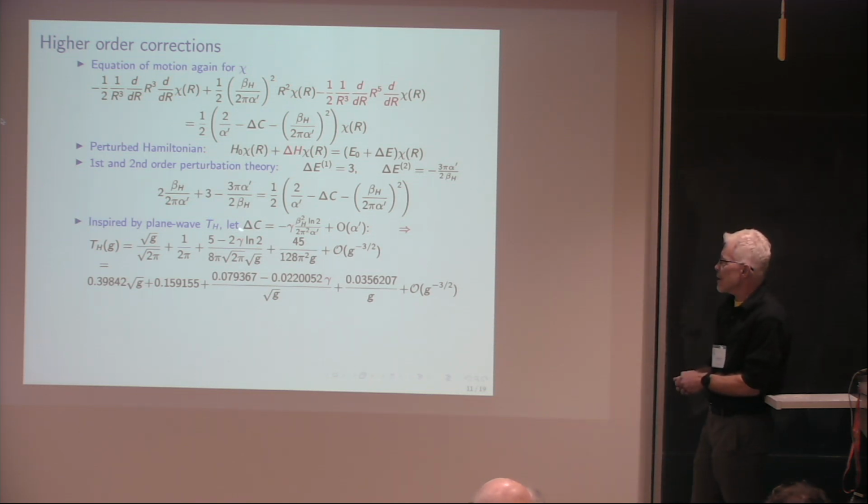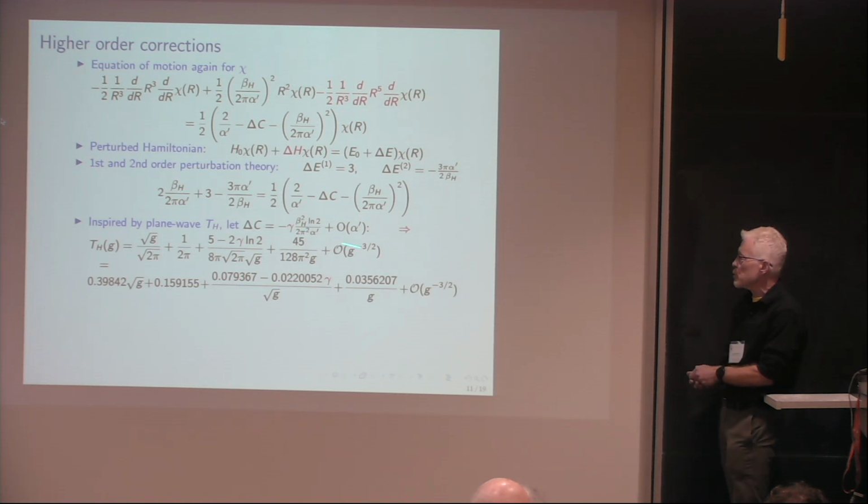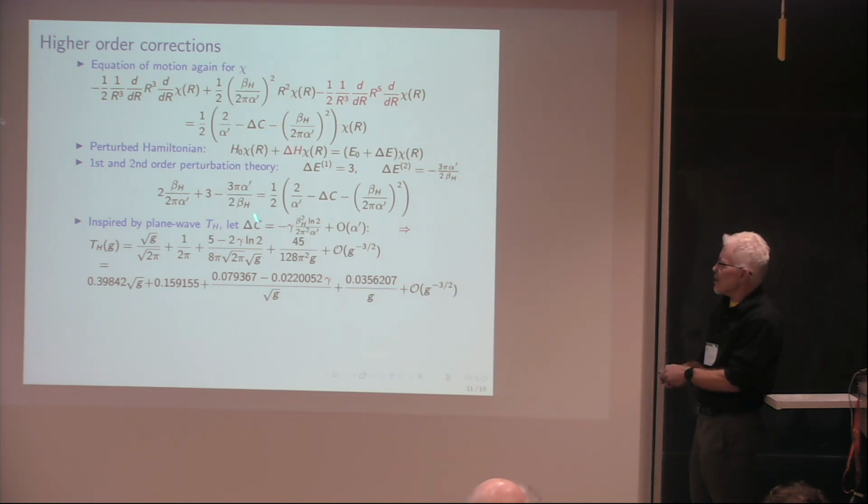And in that case, what they found is effectively this delta C is given by this beta squared times the log of 2 divided by this term here, multiplied by a number which I'll call gamma. In their case, their number was 2, for the plane wave. So if I take this result and substitute it back into this equation and solve for the Hagedorn temperature, I find this result here.